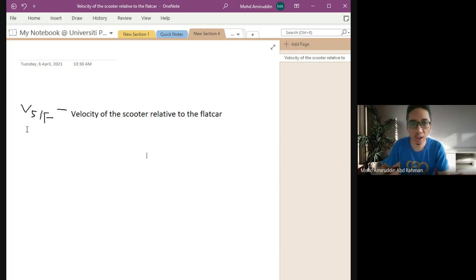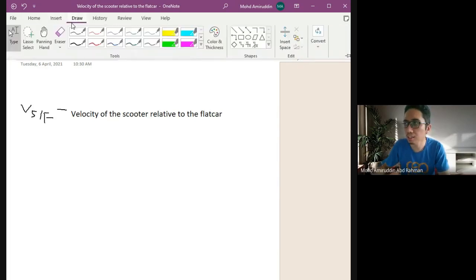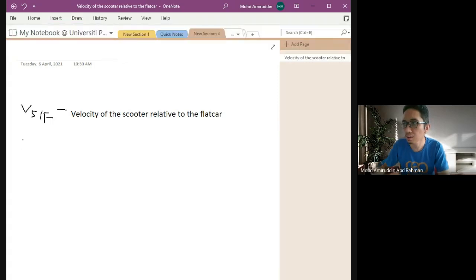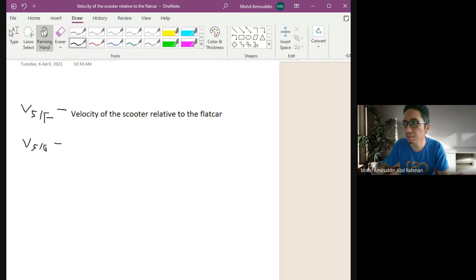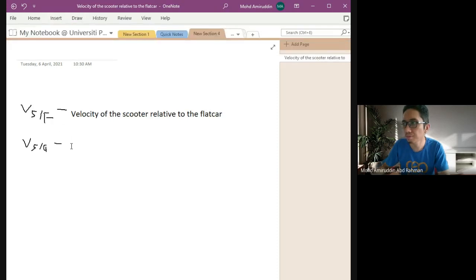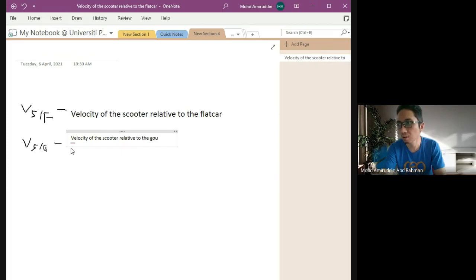All right, and then we have VSG, that is the velocity of the scooter relative to the ground. So to the people seeing the scooter.